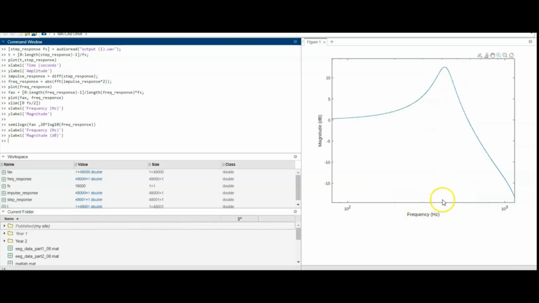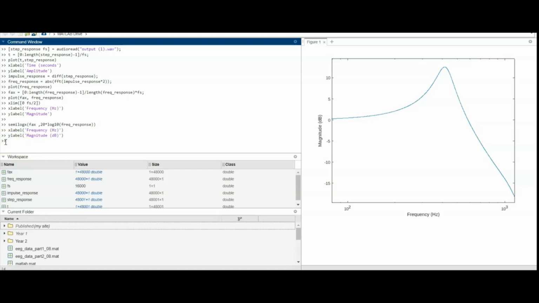As we can see, around 400 hertz there's a big spike, a big amplification of the magnitude at that frequency. And then, as expected, at 1000 it starts declining a lot. It's attenuated a lot by 1000 hertz. Perfect, so that looks good.